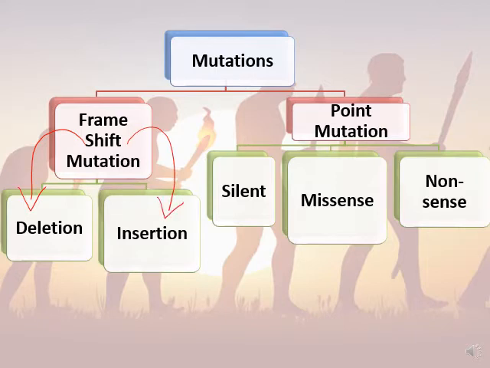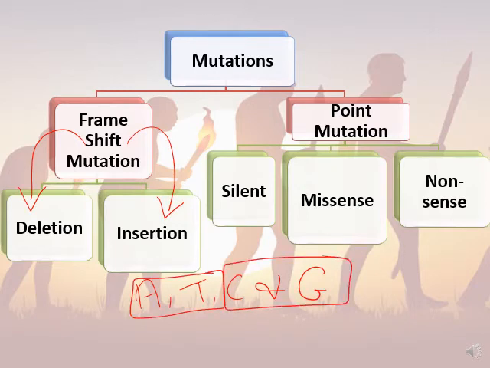As their names indicate, deletion is the deletion of one of the nucleotides, and insertion is inserting one of these nucleotides. These nucleotides are A, T, C, and G, where A and T are complementary, and C and G are complementary. So deletion is deleting one of these nucleotides, whereas insertion means adding one of these nucleotides.